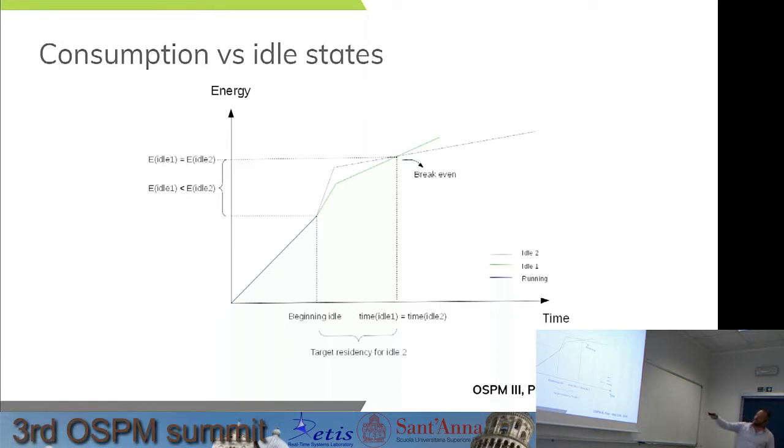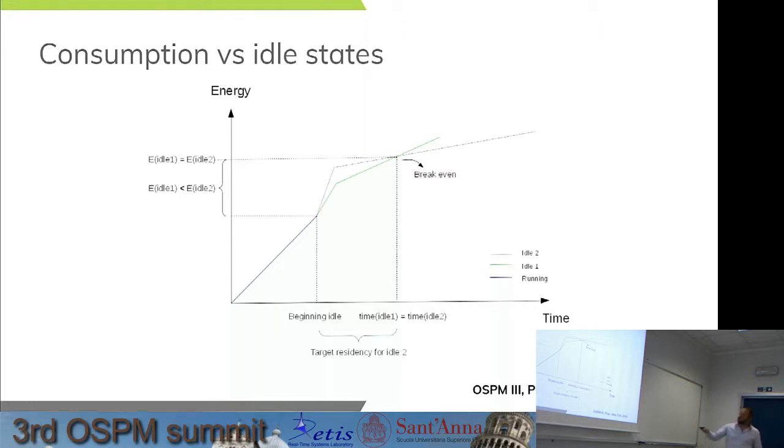And then the energy consumption at this idle state is a bit higher. If we choose the other idle state, the energy to enter this state is higher, but then we save more energy. So the best trade-off is when we reach this point where these two lines cross. This is where we begin to save energy by choosing this deeper idle state. Otherwise, this one is better.